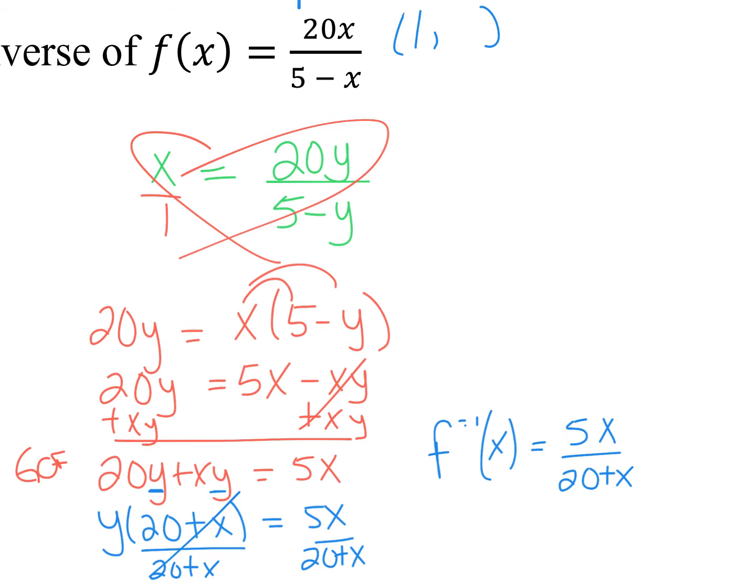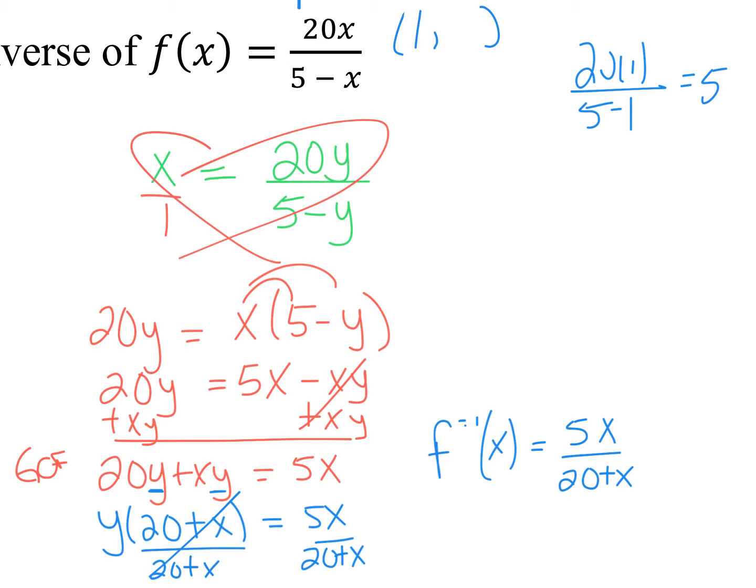So if I plug in 1 for x, you can do this in your calculator too, but I'm just trying to show you what I get for y. Alpha y equals, that'd be 20 over 5 minus 1, which would get you 5, which worked out really nicely.